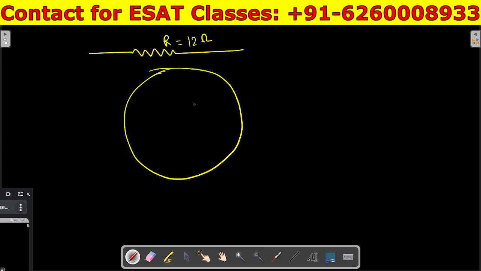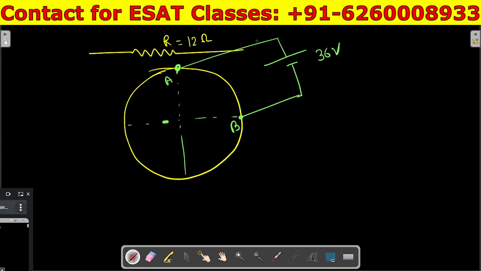What will be the current if I apply, and you have some geometry dotted here, a voltage source between these 2 points A and B, a voltage source of 36 volt?